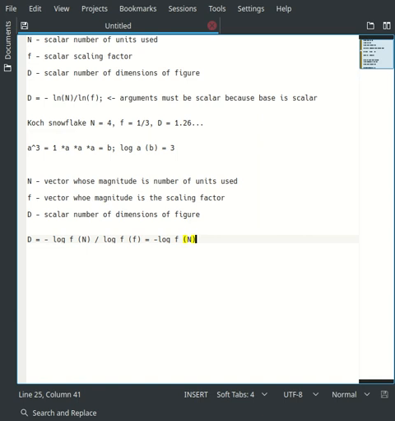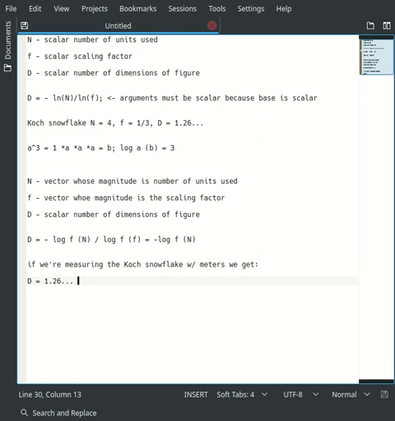And what we can see is that, say your unit here is a meter, right? So if we're measuring the Koch snowflake with meters, we get d is 1.26 yada yada. I think the next digit was a 1. I don't recall. Meters. Well, right.